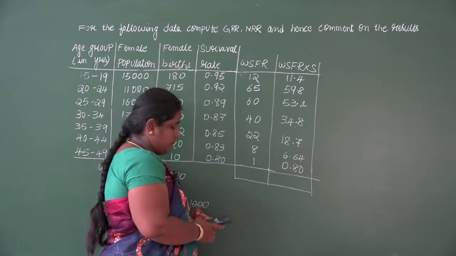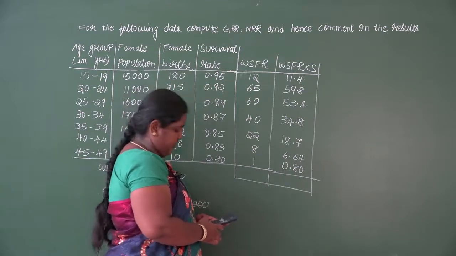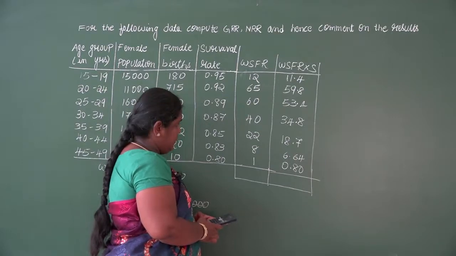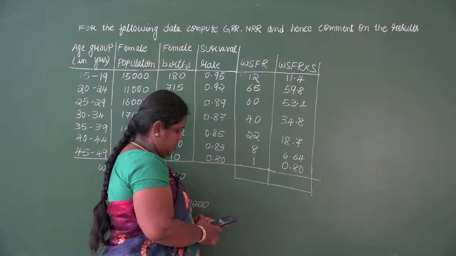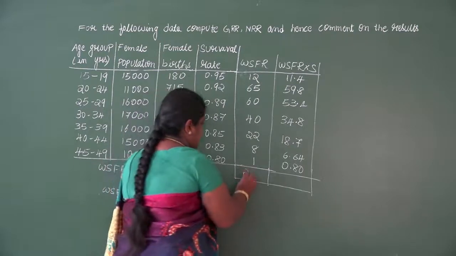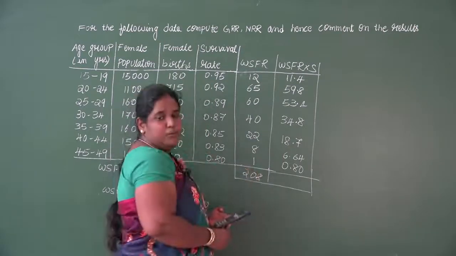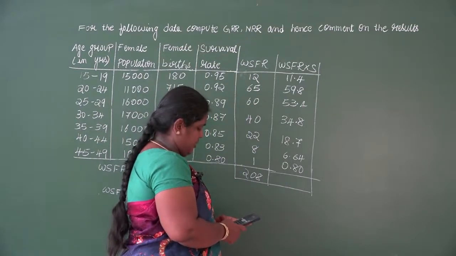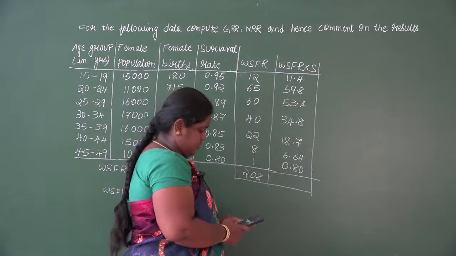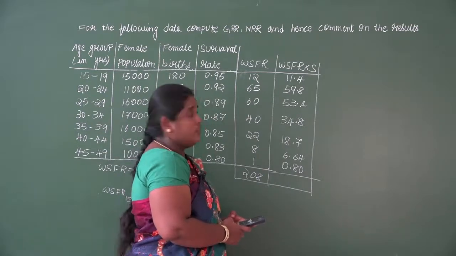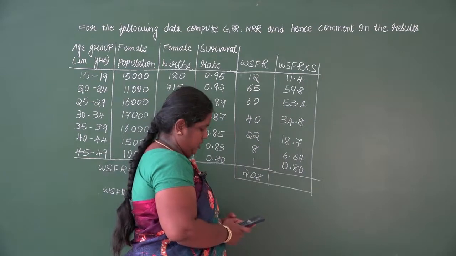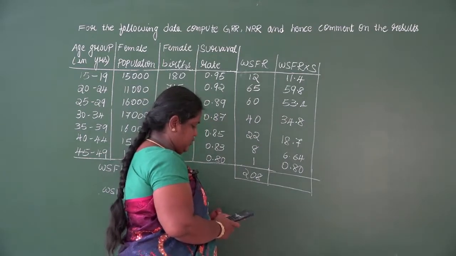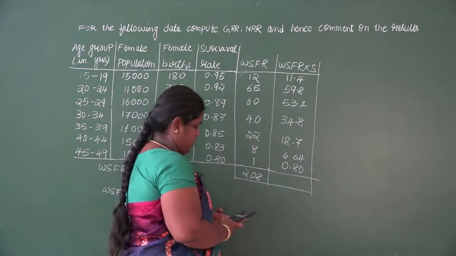So first WSFR total, so 12 plus 65 plus 60 plus 40 plus 22 plus 8 plus 1, 208, and the total of WSFR into S, 11.4 plus 59.8 plus 53.4 plus 34.8 plus 18.7 plus 6.64 plus 0.80.